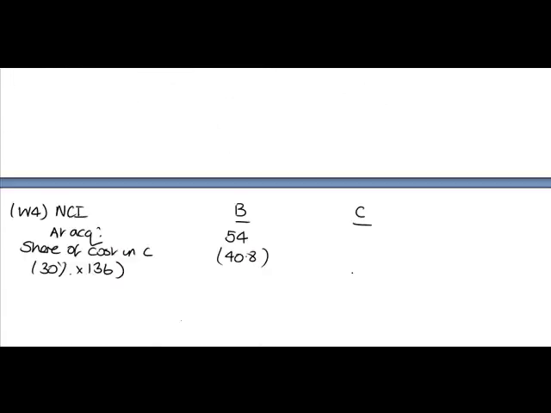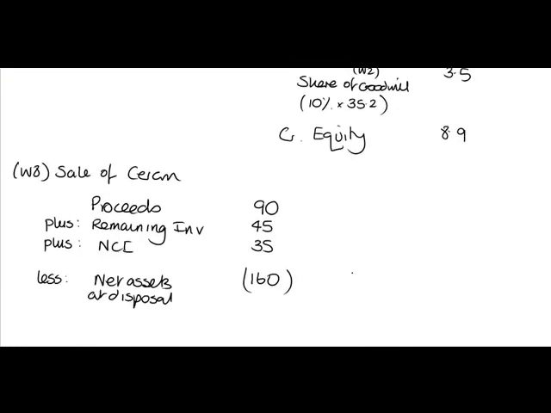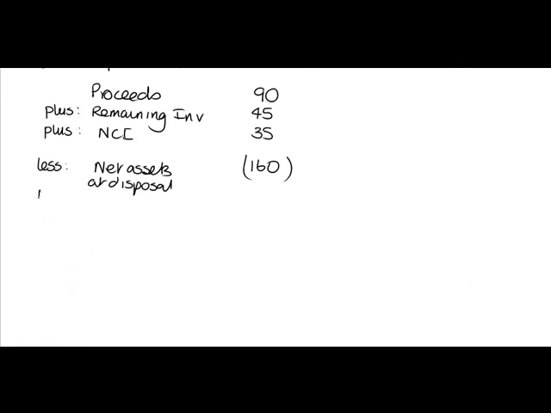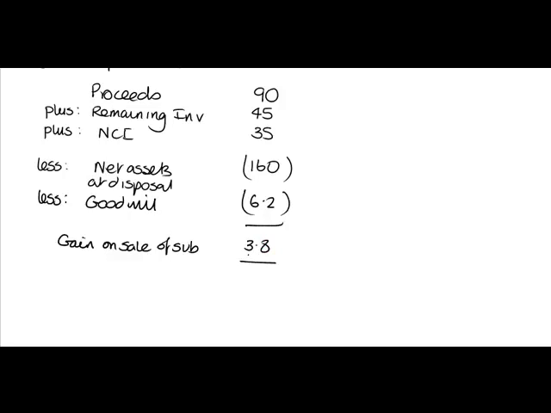So I'm going to take that goodwill figure of 6.2 and deduct it like so, and that gives us a gain on the sale of the subsidiary of 3.8.